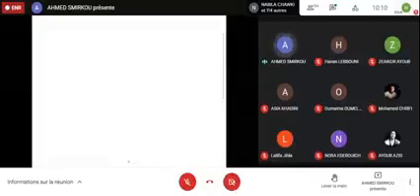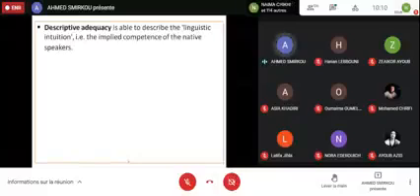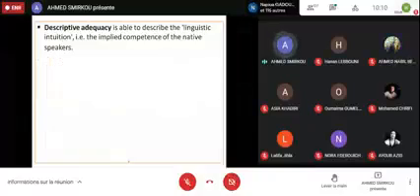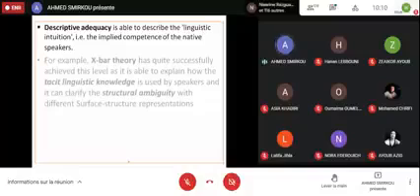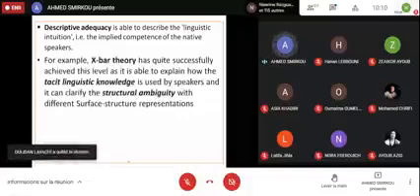Now, descriptive adequacy is able to describe the linguistic intuition, as we said, the implied competence of native speakers. Now, here is an example of a theory that is descriptively adequate: X-bar theory that we are going to talk about in chapter 6.